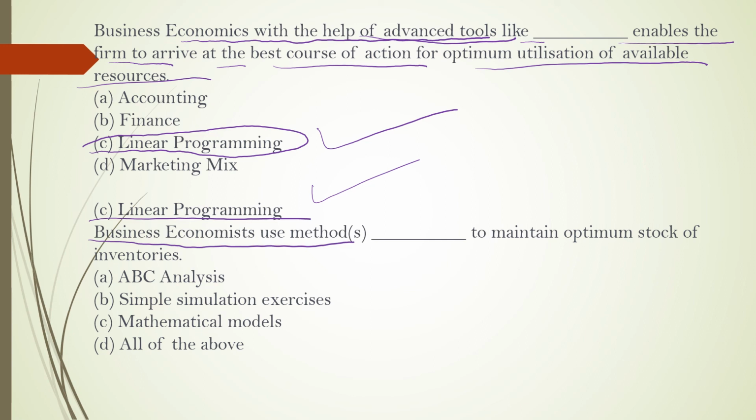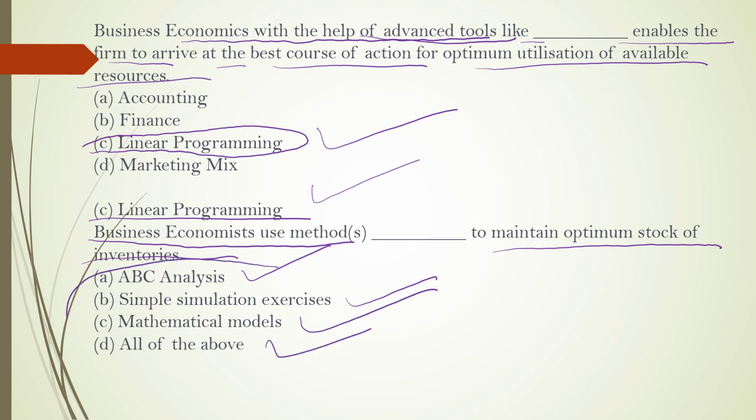Business economists use the methods dash to maintain an optimum stock of inventories: ABC analysis, simple simulation exercise, mathematical tool, all of the above. Of course, all three methods are helpful with respect to optimum stock of inventories. So all of the above is the right answer.